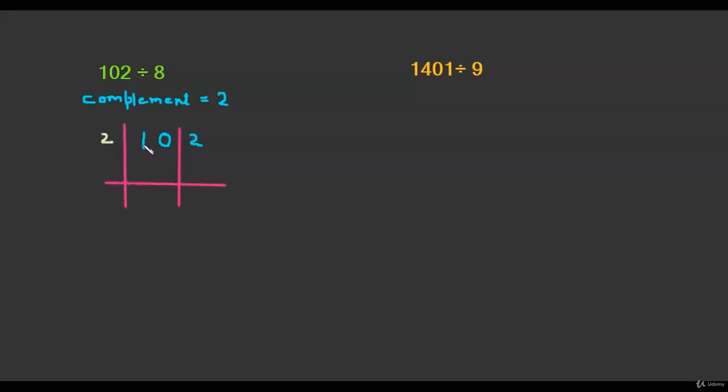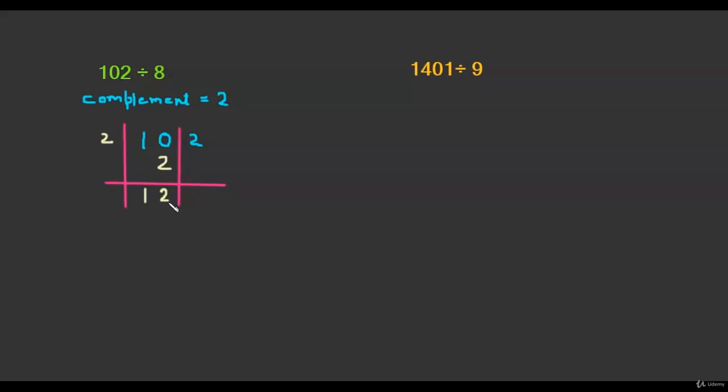First of all, we bring down the first digit of the number, 1, and now we multiply 1 by the complement, that is 2. So 1 times 2 is 2, and we write this 2 below the second dividend digit and add these two numbers. The answer is 2.